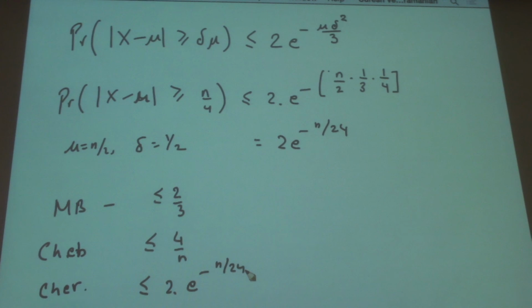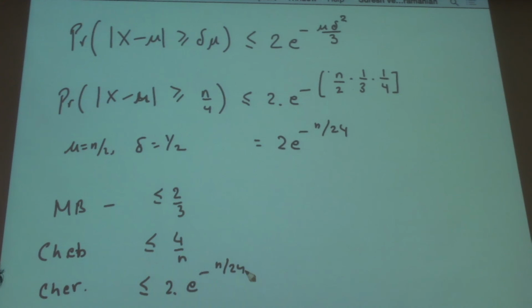And in particular, you could now ask the question in reverse. If you wanted a probability of something like 4 over n or 2 over n, what kind of deviation would you see? You say, okay, I want the probability of deviating to be something like 2 over n. What kind of deviation will I expect to see?